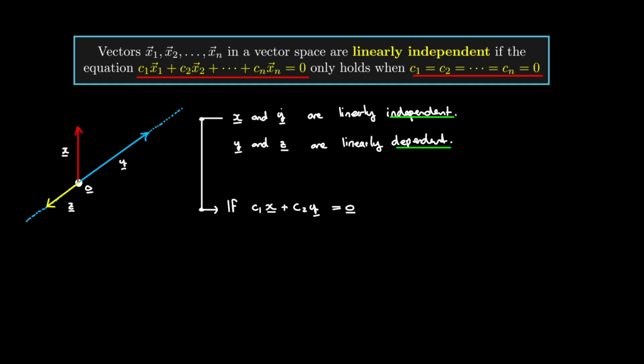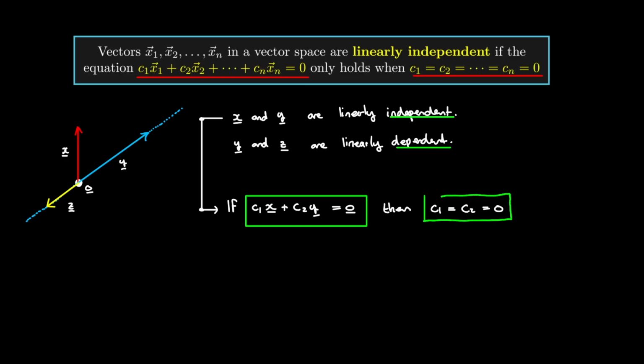So if we take a general linear combination here and we find that it adds to 0, then the only way that that could have happened was that, in fact, the constants here were equal to 0. So c1 equals c2 equals 0. Of course, if you take these two vectors y and z, and they lie on the same line, then you can form 0 from them in a non-trivial way.